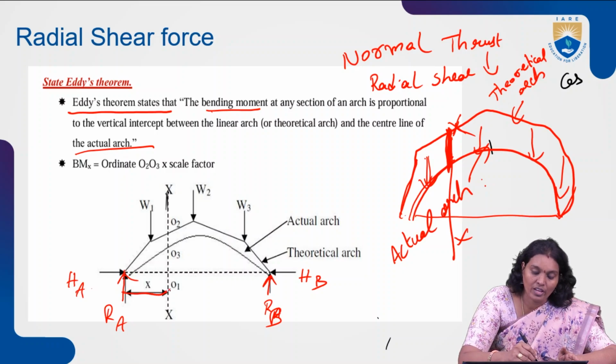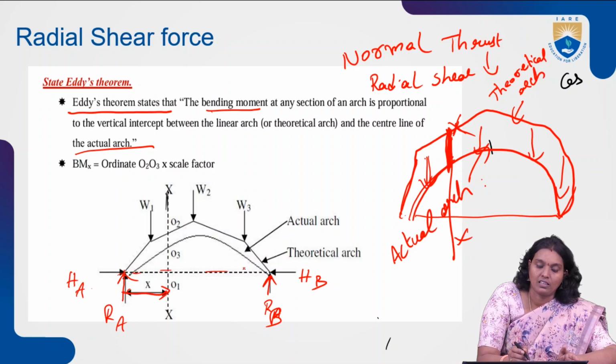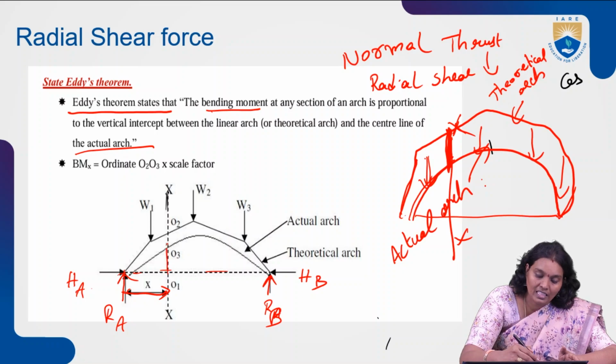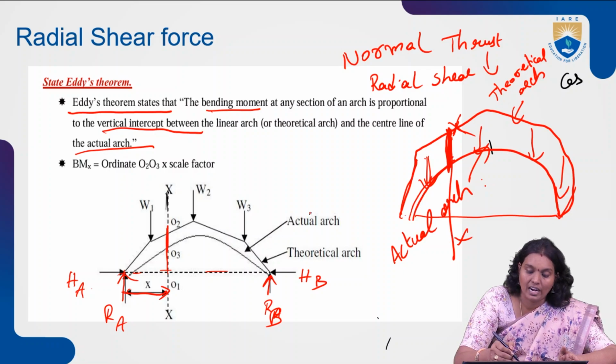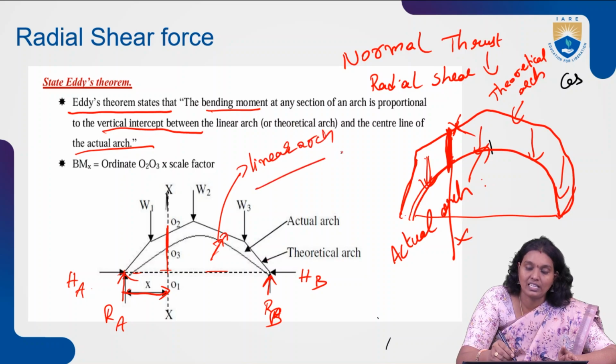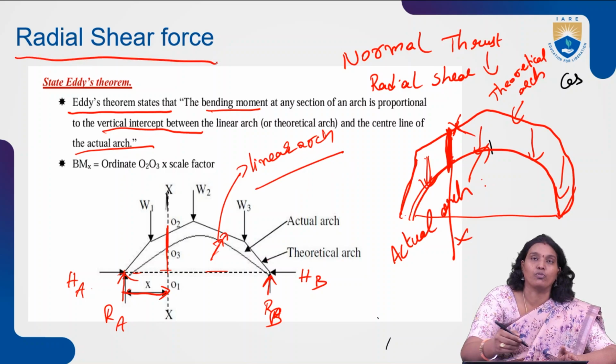Somewhere we consider this baseline. From here to there, this vertical ordinate is the vertical intercept between the actual arch and the theoretical arch, which is the linear arch, as per Eddy's theorem. This statement is involved in the radial shear force.